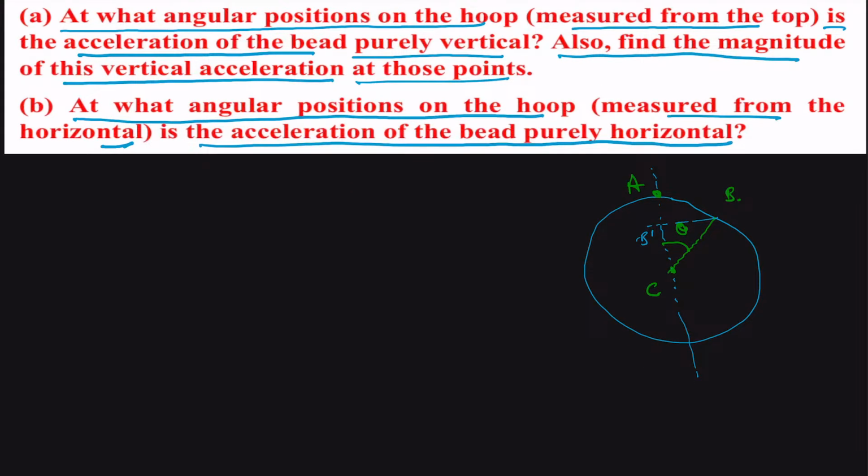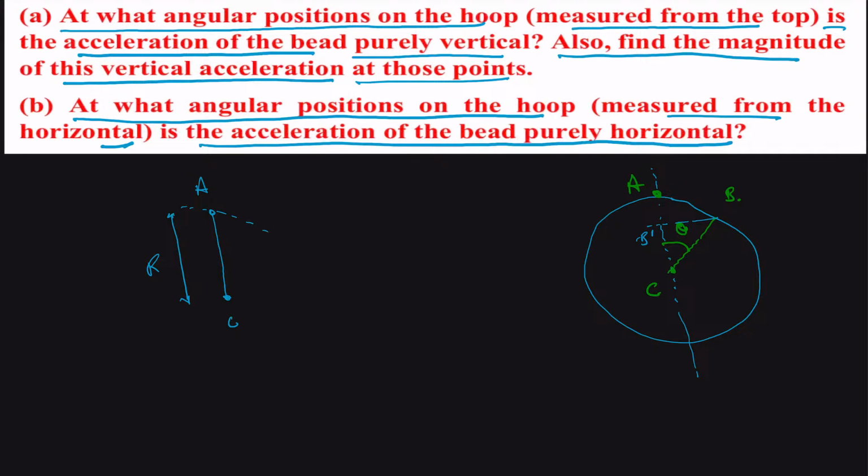Let me draw this figure separately. We have A, and from A we have C. This distance is the radius of the circle.